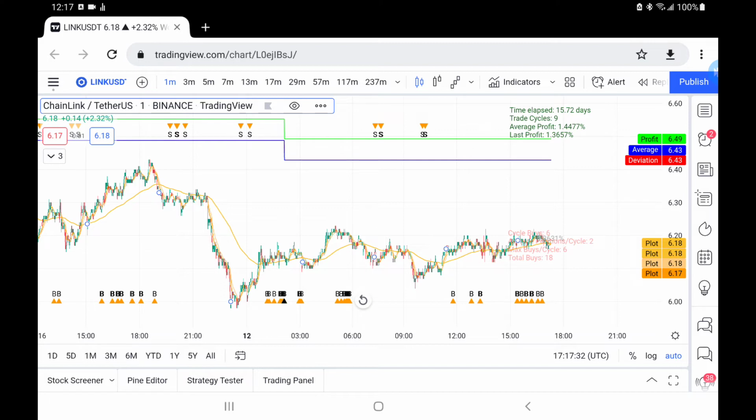Well, actually, 15 days for this total run. But the 1 minute itself runs in 3.5 days. So you're looking at a good rate. That's almost a little over 1 trade per day. So that's not bad.